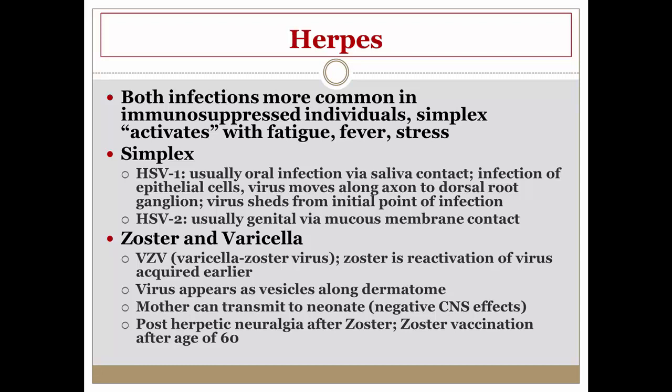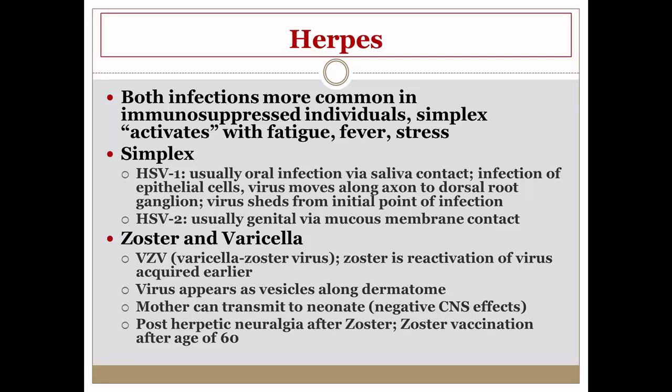So the virus appears as vesicles along the dermatome. But it's important to know that the virus multiplies in the lungs but becomes dormant in the nerves, which is why it becomes a latent virus that can then be activated.